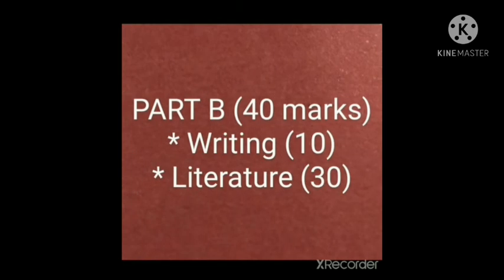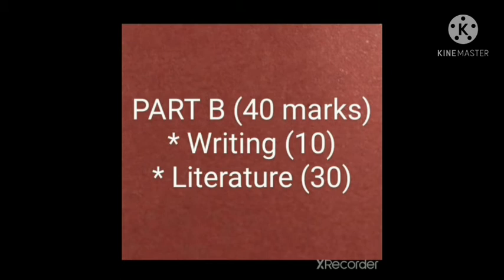Next one is part B, that is 40 marks, and that is subjective, and part B contains 2 things. They are writing of 10 marks, literature of 30 marks. So 10 plus 30, 40 marks. So part B contains writing, which we can discuss in detail here, and literature also 30 marks, that also we can discuss here.